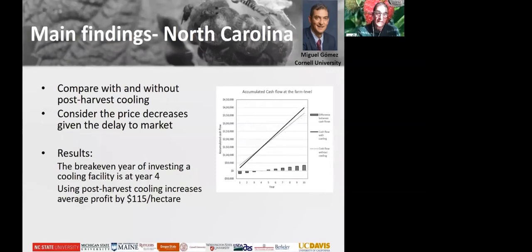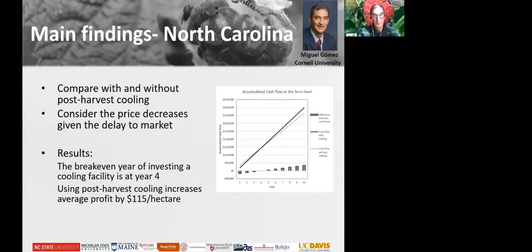So basically our results indicate that it may be a good option for growers, particularly in North Carolina and perhaps in other areas, to consider post-harvest cooling as a strategy to control SWD. We find, for example, in this case that the break-even point of investing in a cooling facility is in year 4.